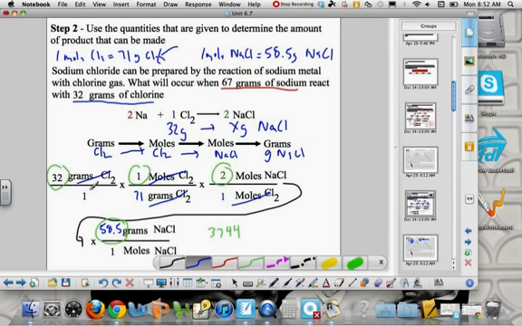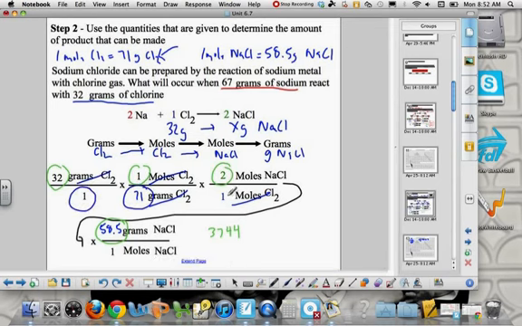So down on the bottom I have 1, I have 71, I have 1, and I have another 1. So really down on the bottom all I have is 71. So I'm going to take that value, divide it by 71, and when I do that, I get an answer of 52.73, we'll just round this to 2 decimals, and that's grams of NaCl.